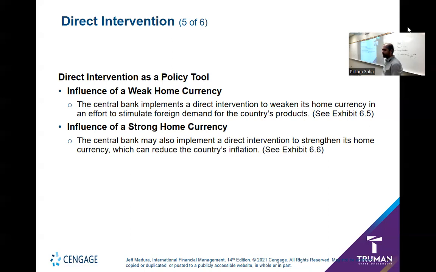Do you think yes or no? No, right? So this policy or these steps can increase unemployment in the USA. Make sense?